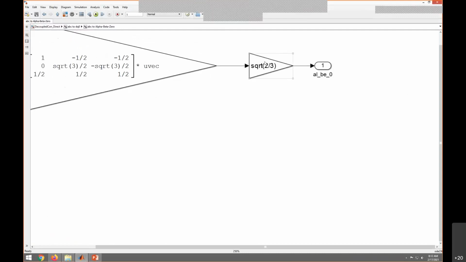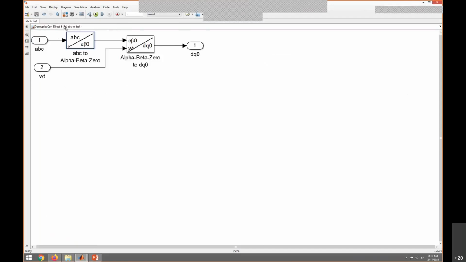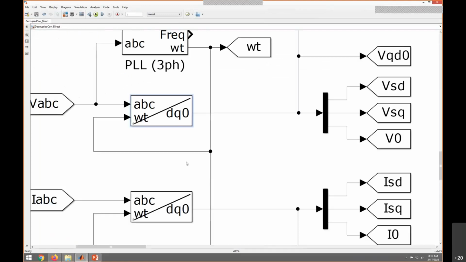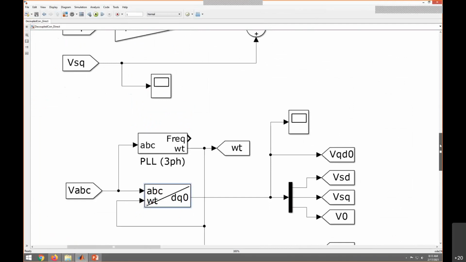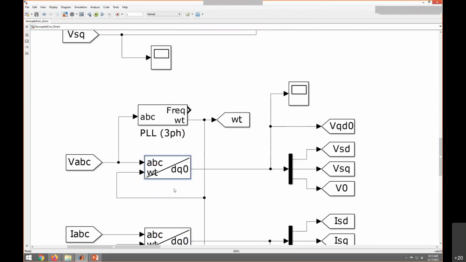If square root 2 by 3 is used, it is power invariant; if only 2 by 3 is used, it is voltage invariant. Since we are dealing with powers, I used square root 2 by 3. I think by default it is 2 by 3. Similarly, this is the voltage ABC to DQ transformation, and this is the current ABC to DQ transformation.